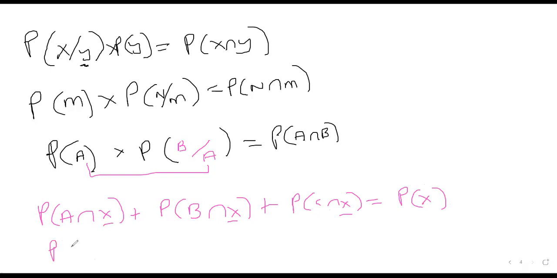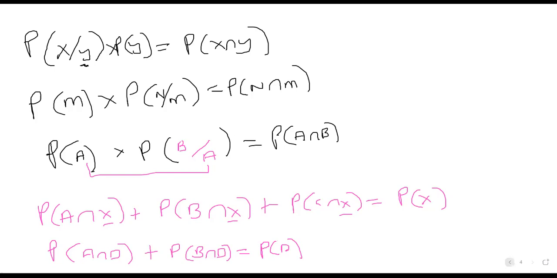Now tell me, if I'm going to have A intersection D plus B intersection D, what will be the total probability here? Probability of D. Okay.